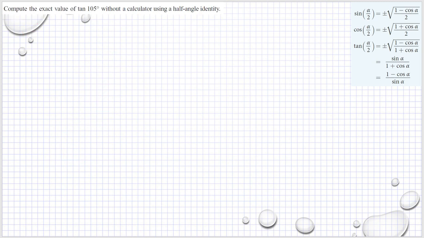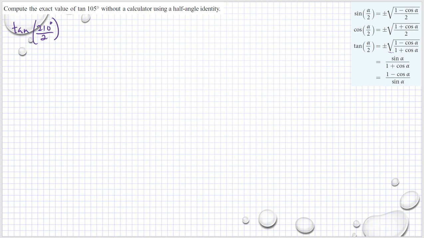Tangent: compute the exact value of tangent 105 degrees without a calculator using a half angle formula. Okay, let's see if we can solve this. Tangent 105 degrees. If we double that, it will become 210 degrees divided by 2.